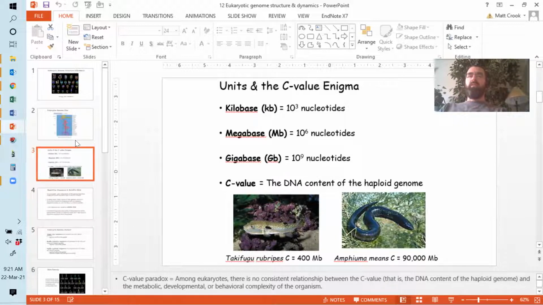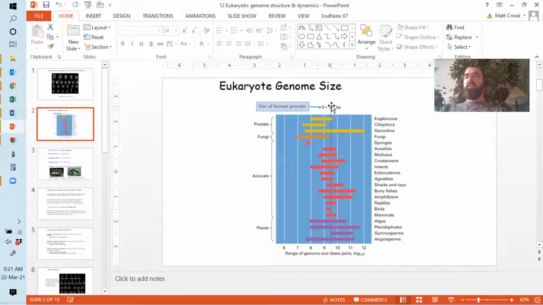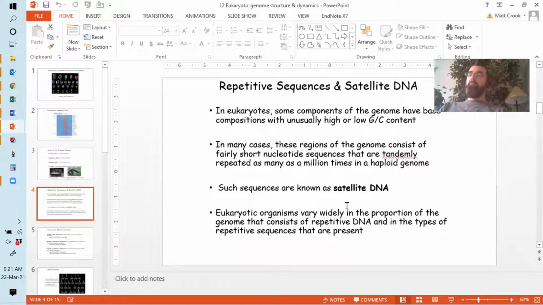And so you're probably wondering, okay, so if we have 3 billion base pairs, and C. elegans, I can't even remember how many base pairs it has, I think 100 million, something like that, with the same number of genes, what makes up the rest, right? Essentially, most of our genome is made up of other stuff.